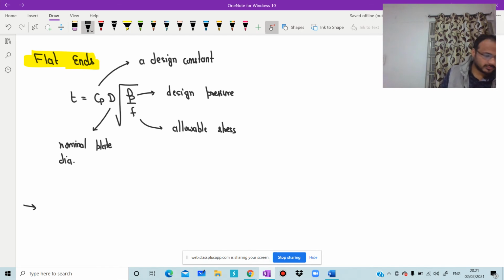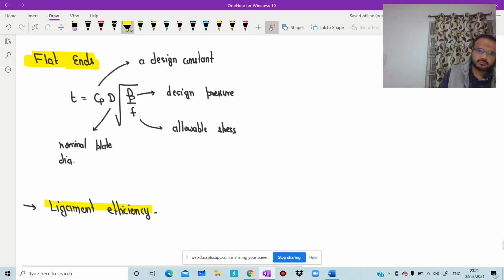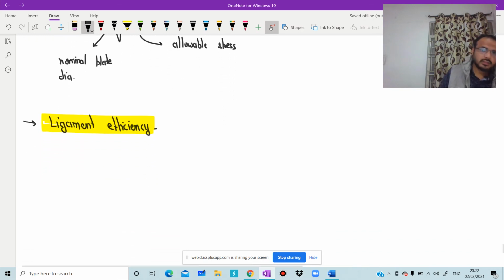Write down next. Ligament efficiency. There are two cases.